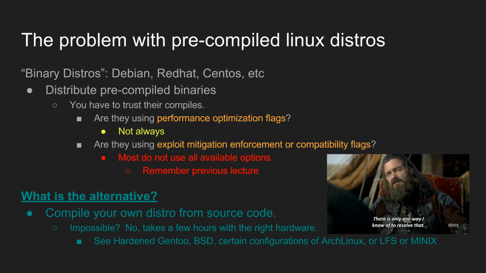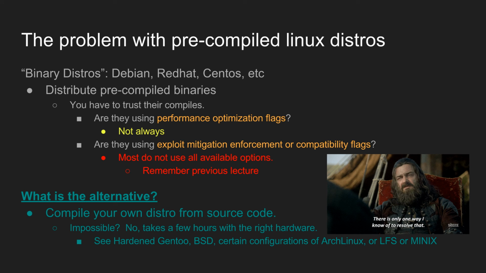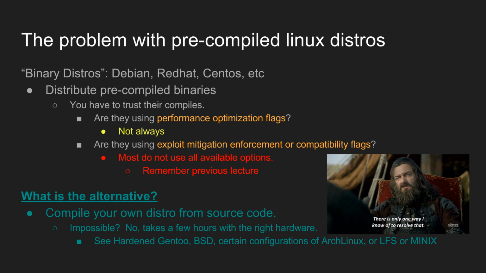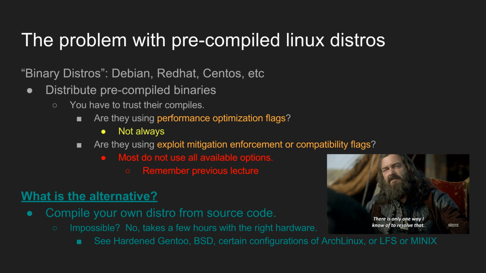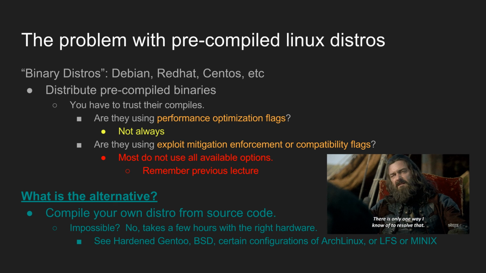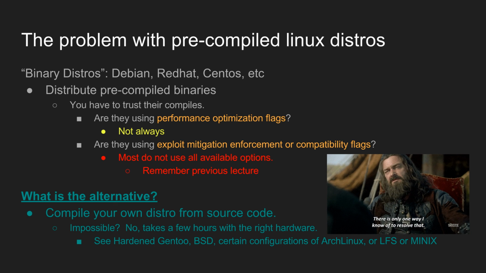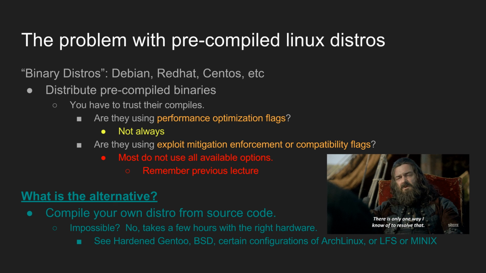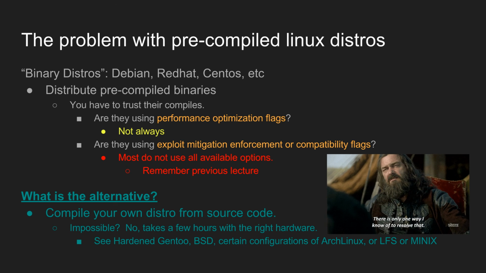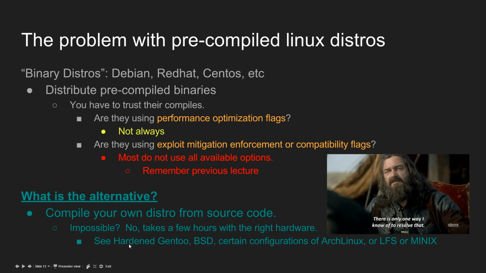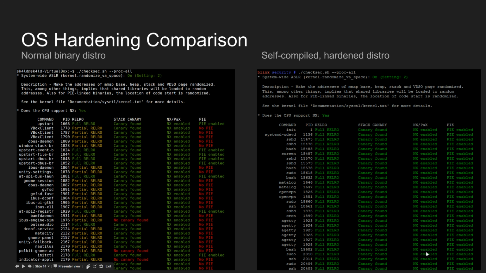It is not impossible. We teach people to do it. It just takes a few hours with the right hardware. You can see hardened Gentoo, BSD, certain configurations of Arch Linux, LFS, and Minix is also very worth mentioning here. There are definitely distributions that do this, and the difference is quite clear.